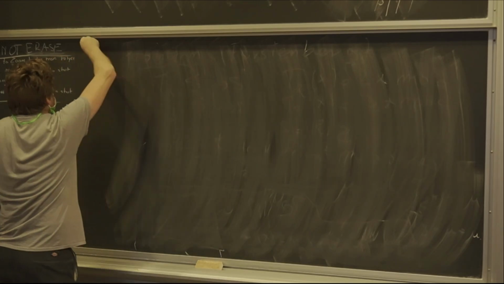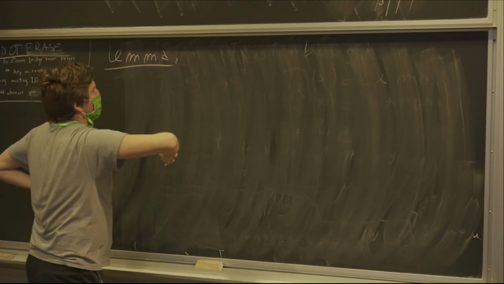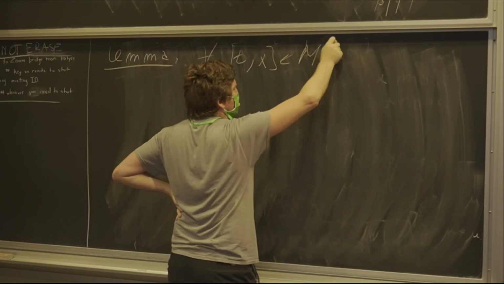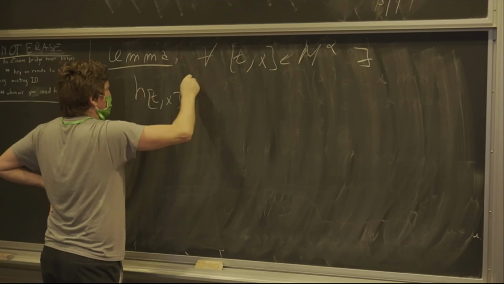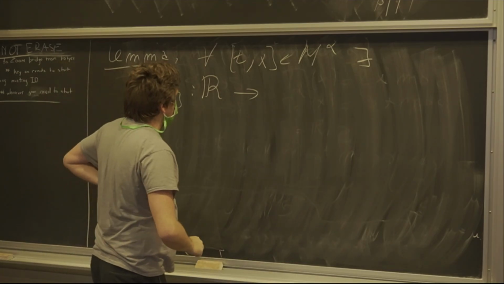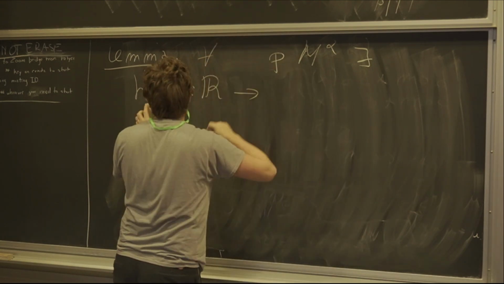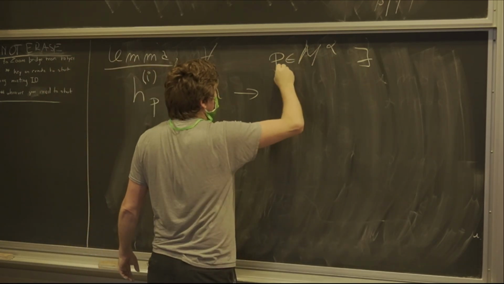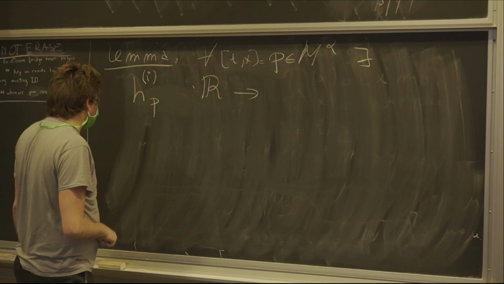So for every Tx in M alpha, there exists H sub Tx from R, actually Hi. Okay, let me just call it P. So P is Tx, but who is T and who is X is not relevant for us.